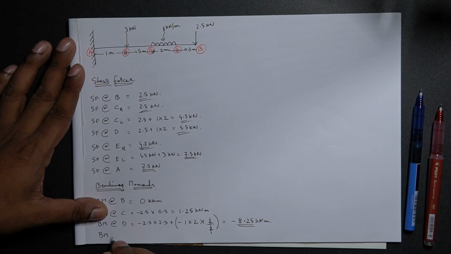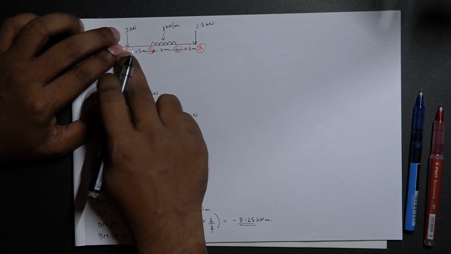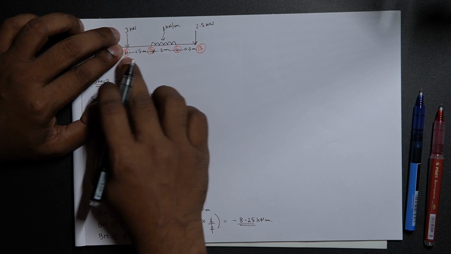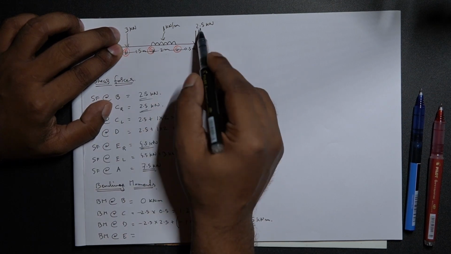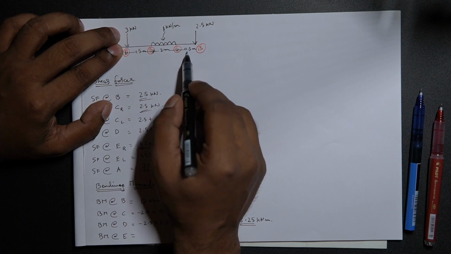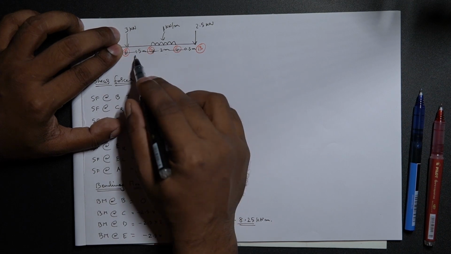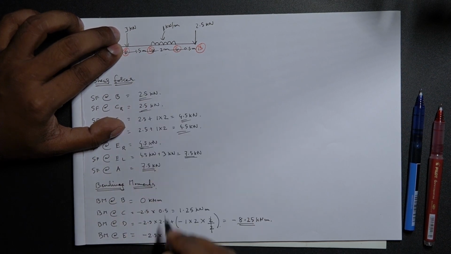Moving on, bending moment at point E. At point E we have all the same things acting downward, but there is a change in the lever arm. So it is 2.5 times the total lever arm length, that is 1.5 plus 2 plus 0.5, minus 2.5 into 0.5 plus 1.5, that is 2, 2 plus 2, that is 4.